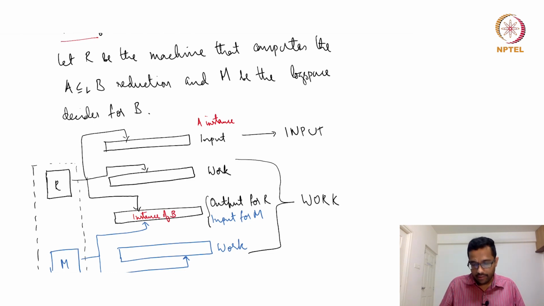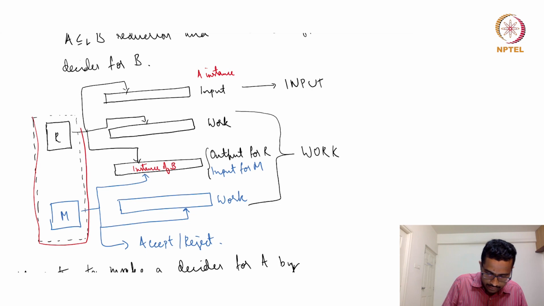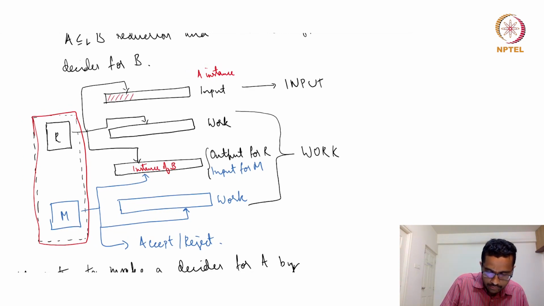And let M be the decider for B. So M takes whatever instance of B is given by R, and it also has a work tape. So M is shown in blue, R is shown in black, and then it decides accept or reject. Now if we combine the reduction machine and the decider for B as one machine, the input tape of R will be the sole input tape for the combined machine.